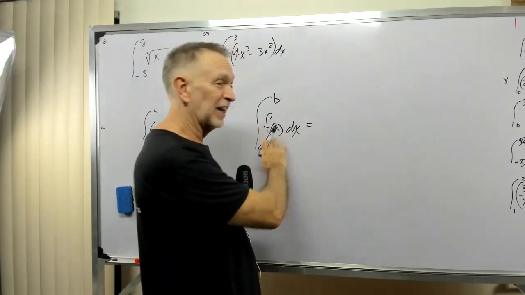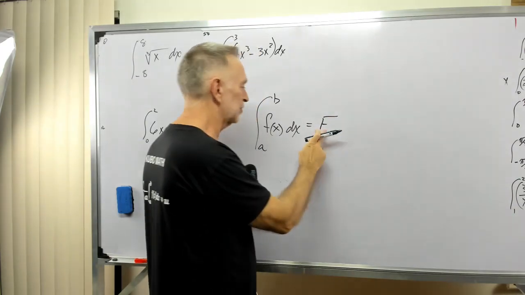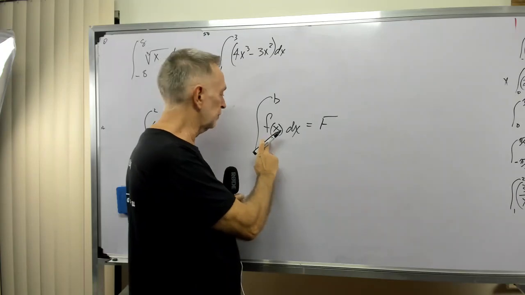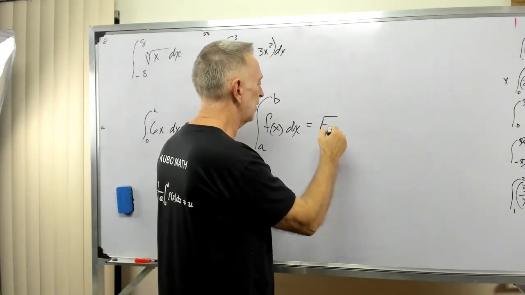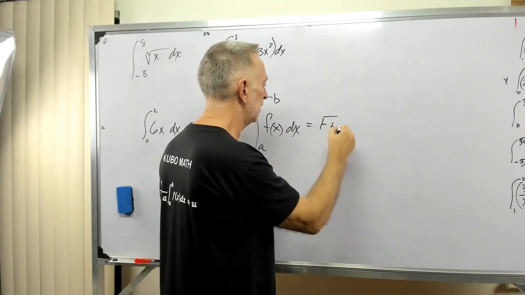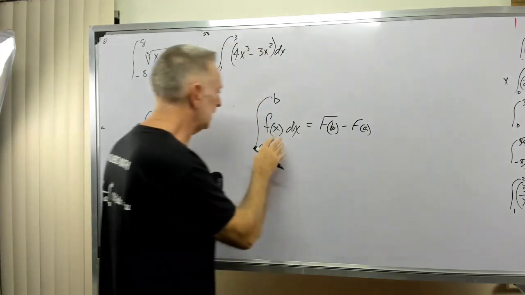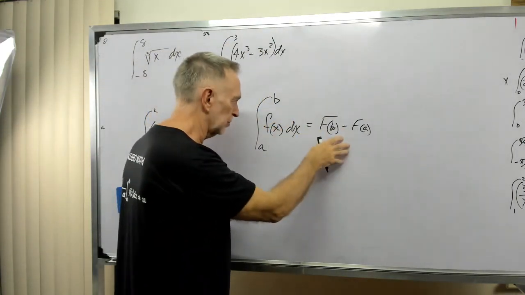So we have the little f. If this large F indicates the antiderivative of this function, then the result is big F of b minus big F of a. That would be the resulting definite integral.